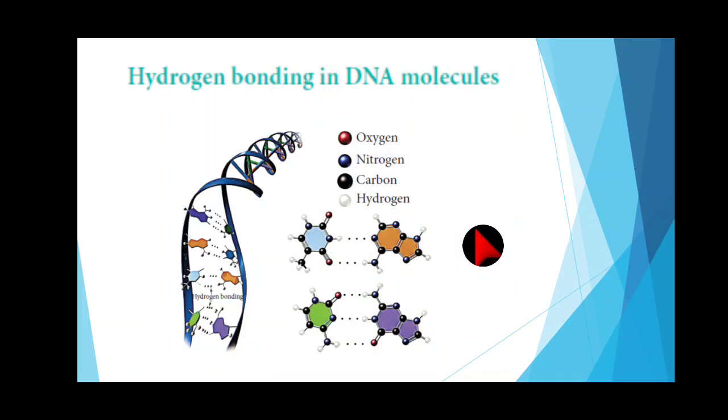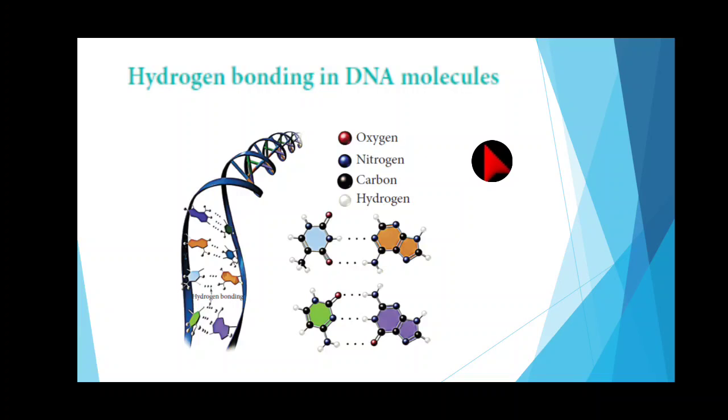The same hydrogen bond occurs not only in simple molecules but also in complex biomolecules such as proteins. In biomolecules we can also find hydrogen bonding. They are crucial for biological processes.